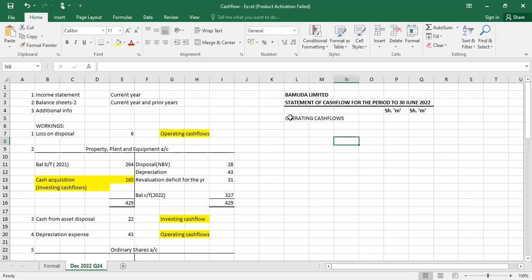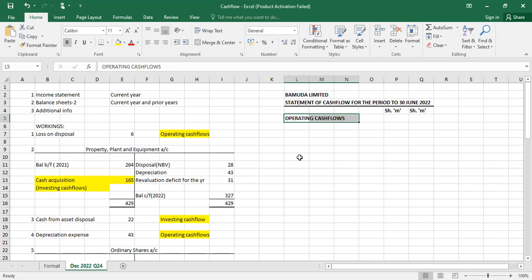And under the operating cash flows, allow me to also explain this, that we should normally start with the profit before interest and taxation, yeah? But normally interest is part of the normal expenditure, so that you minus interest from profits before you can compute tax.